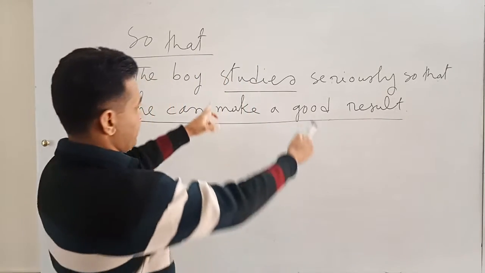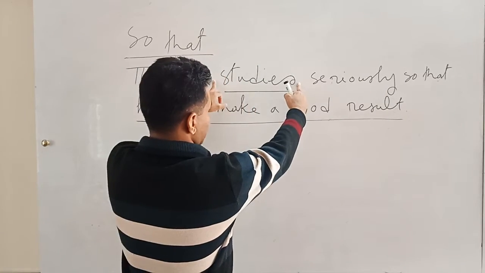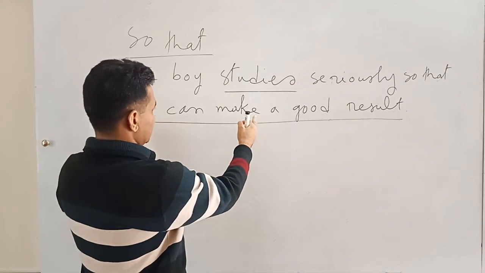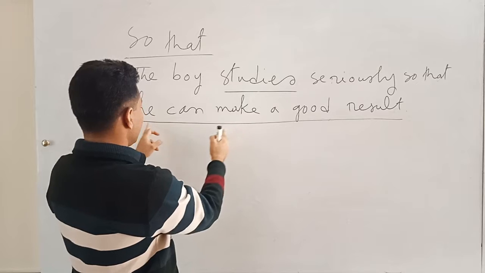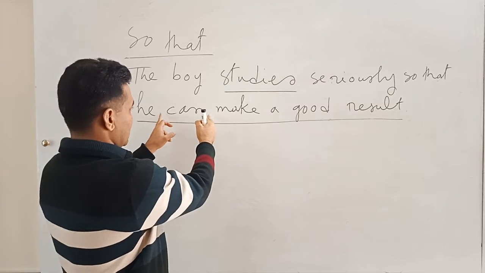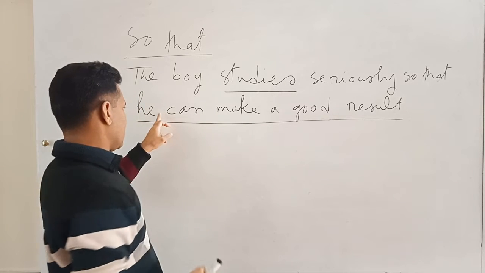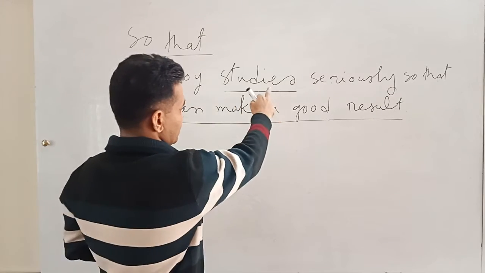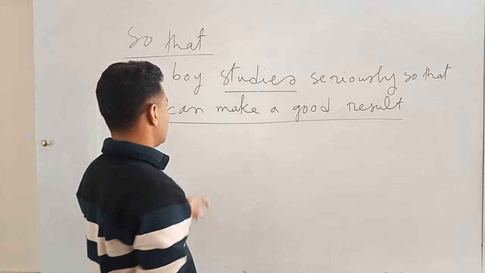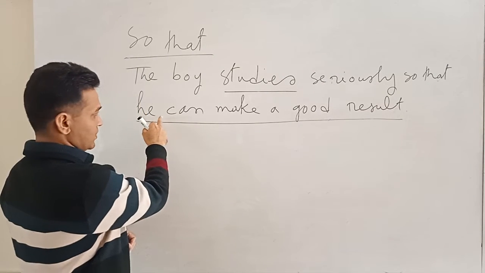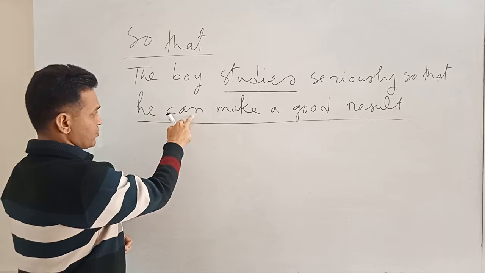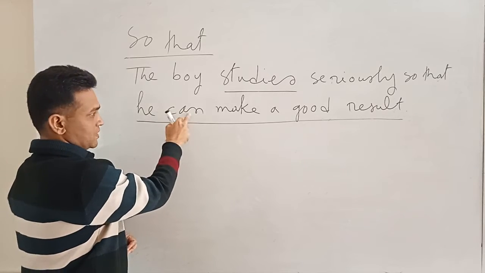Okay. If the principal clause is in present indefinite tense, then the second clause will be written containing subject plus can. But if the principal clause is in past tense, then the second clause will be written in past form also, using subject plus could.